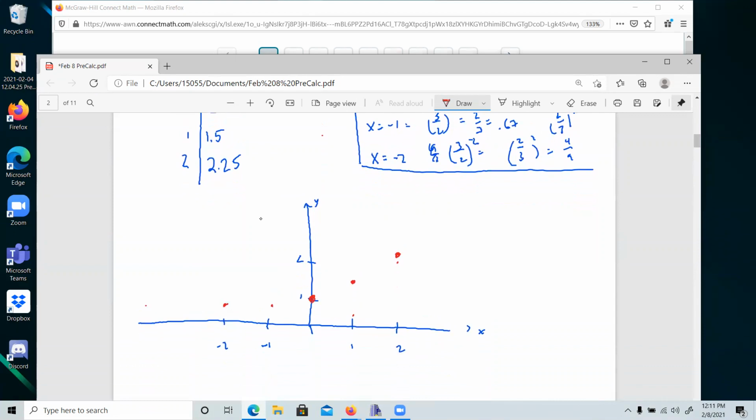All right, so our function, right, this is going to get bigger and bigger and bigger, so we're going to curve upwards this way. And this is just going to get smaller and smaller and smaller. Okay, so we do have an asymptote, right, at y equals 0.